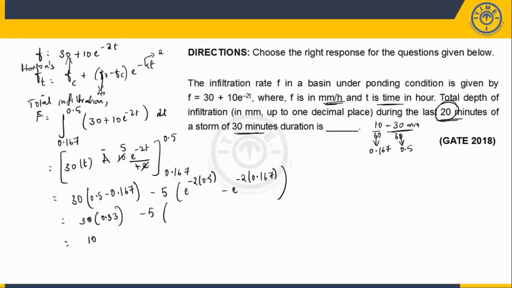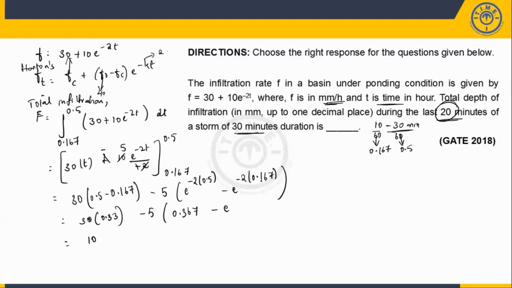Minus 5 into how much is e power minus 1? 0.367.